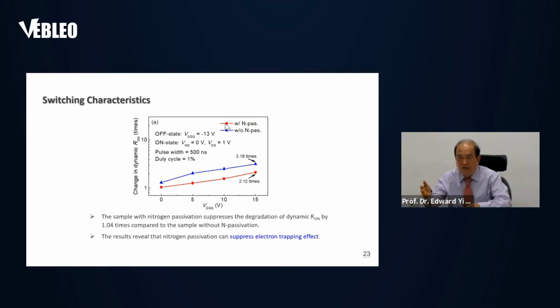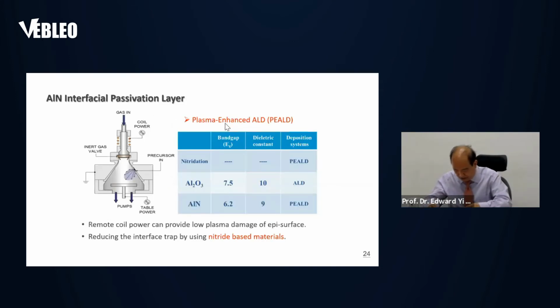It's only 1.04 times compared to the sample without the nitrogen passivation. So this means that with nitrogen treatment and nitrogen passivation, you can suppress the electron trapping effect within the device operation.